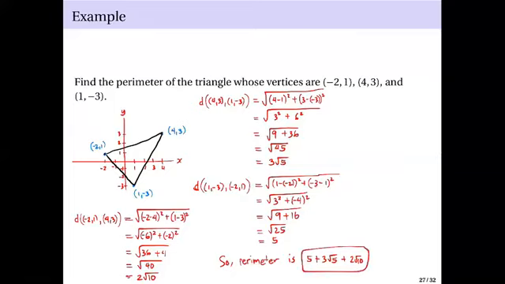Okay? So this distance plus this distance, and then plus this distance. Okay? Question? Next problem.